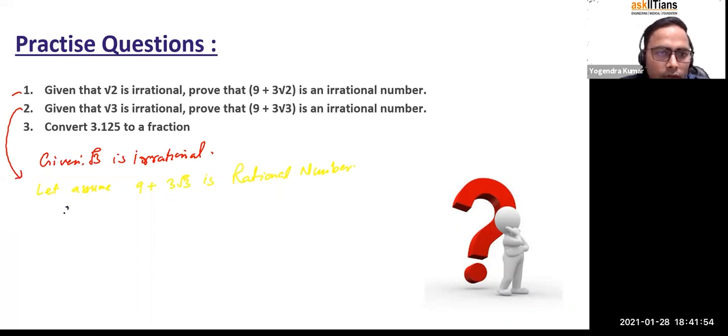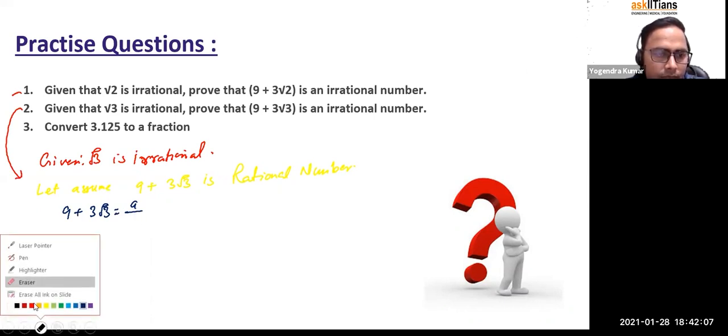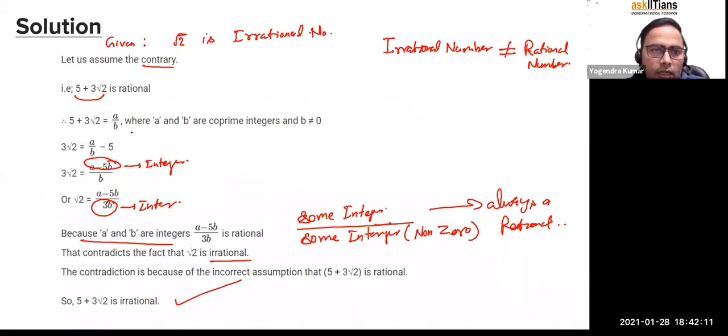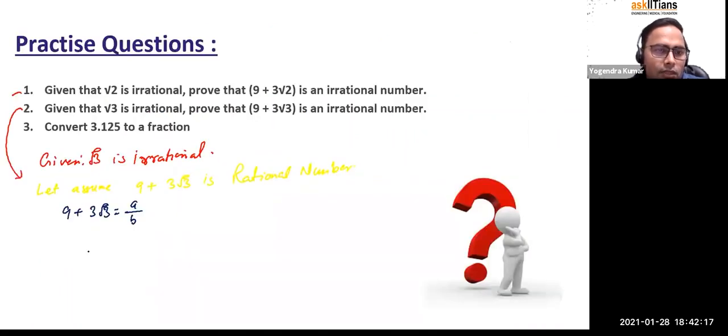So now 9 plus 3 root 3 is equal to a by b form, like we have done before also, right? A by b form, where a and b are co-prime integers, b is not equal to 0. We can write down this whole statement, right?